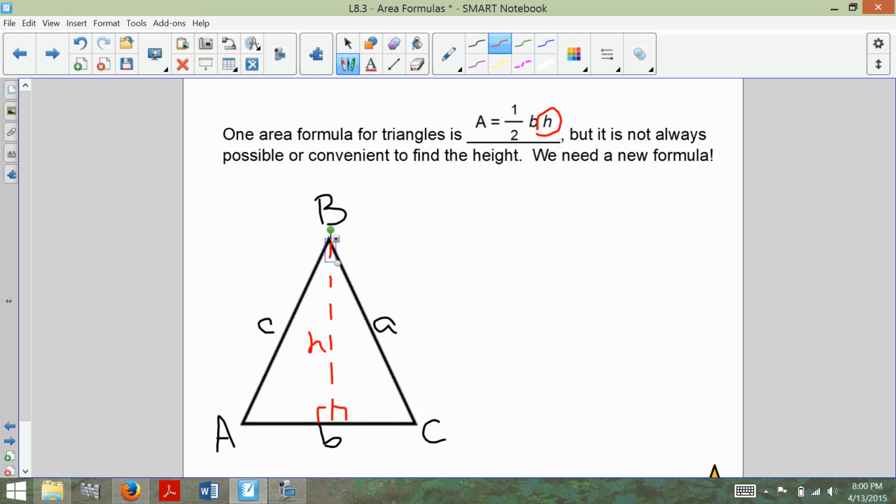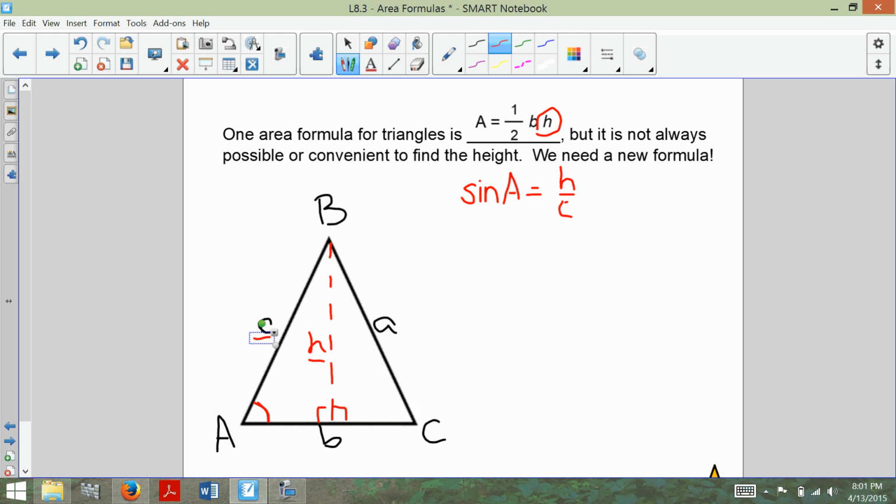So if I look at one of these triangles, say the right triangle on the left, then I can talk about angle A and perhaps the sine of angle A. So the sine of angle A, we know the sine relationship is the opposite side to the hypotenuse. So in this case, the height to side C.